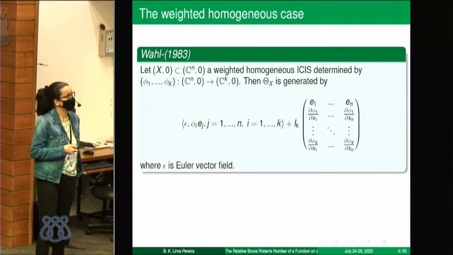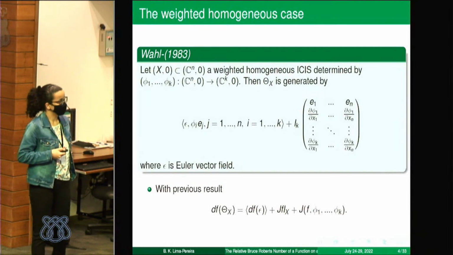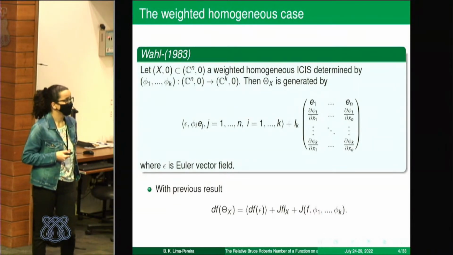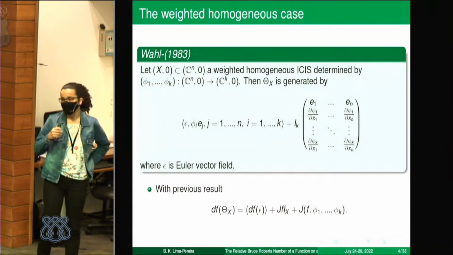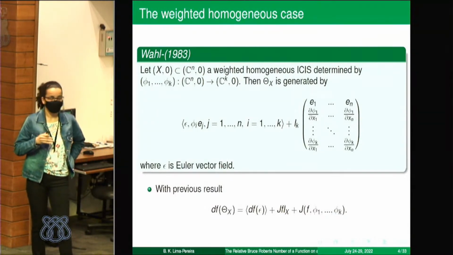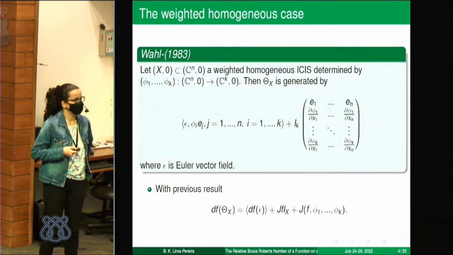With this characterization for theta X, we have this equality for any function germ F. This ideal is equal to this sum, and here this ideal JF phi1 to phi k is the ideal generated by the minors of maximum order of the Jacobian matrix of F, phi1 to phi k.